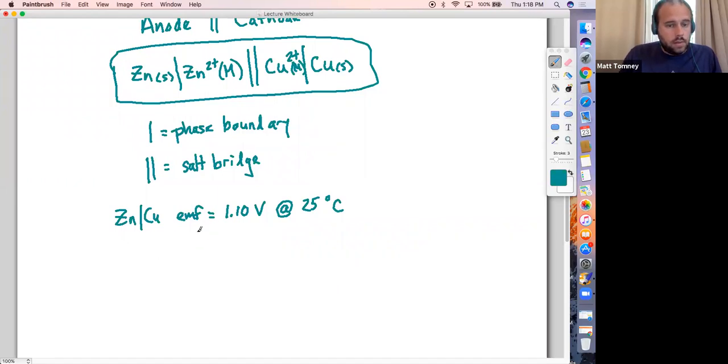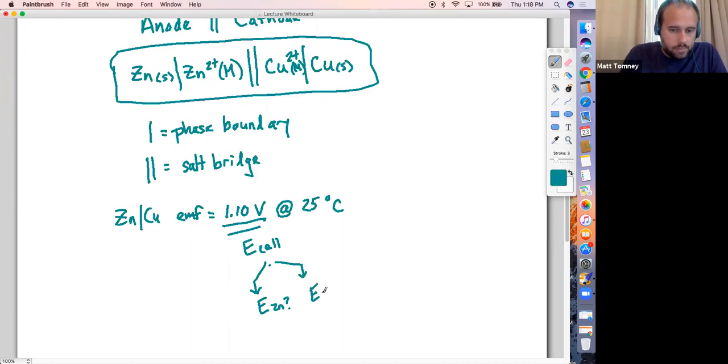Okay, so this right here is the cell potential for the entire setup that we have there. So one of the questions then becomes, what would be the cell potential for just the zinc? And what would be the cell potential for just the copper?